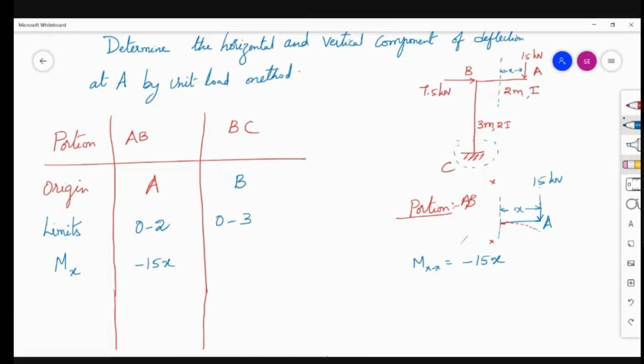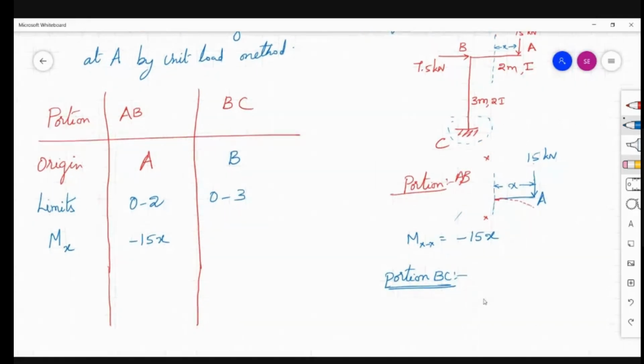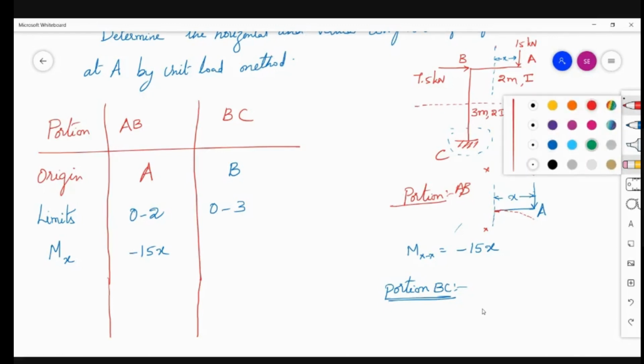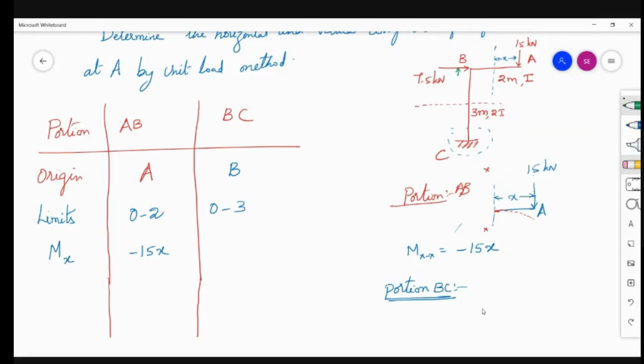Now, go for portion BC. To go with portion BC, draw the free body diagram, cut a section. Wherever you are writing the moment at a section, you have to first of all cut the section and represent the distance from the origin. Your origin is B, so x is at a distance from B. Now consider the free body diagram.